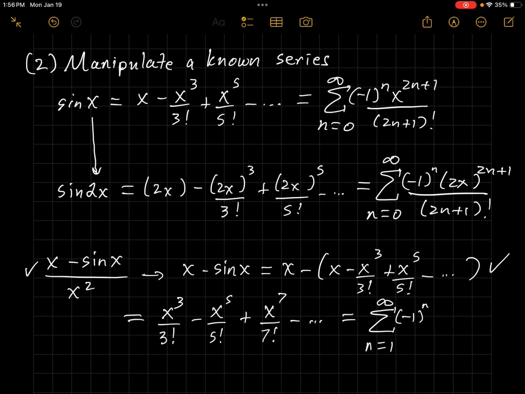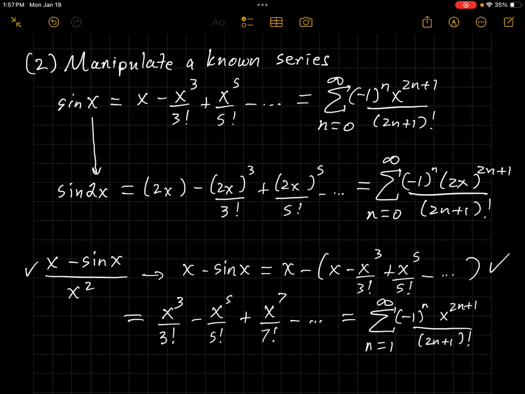Because did anything else really change from sine x to x minus sine x, other than I lost the first term? I have x to the 2n plus 1 over 2n plus 1 factorial. Well, what did change? What changed was all of these signs.